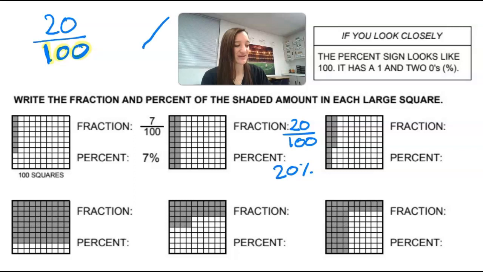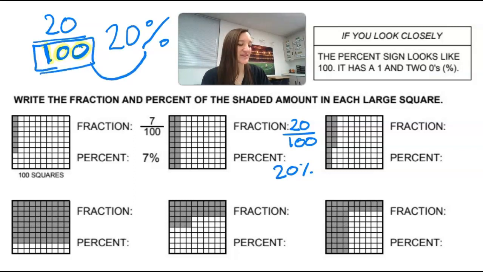I take those two zeros and boom, have a percent sign, which reminds me that anytime I see a fraction with this 100, I know that I can take that over 100 and change it into a percent sign. So this last one is 10, 11, 12, 13, 14, 15, 16, 16 out of 100, which is 16%.